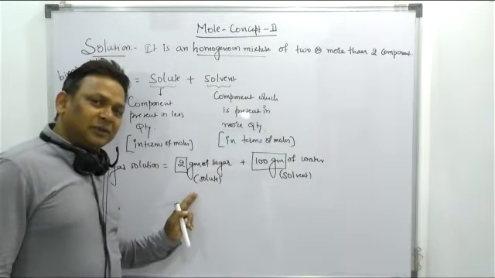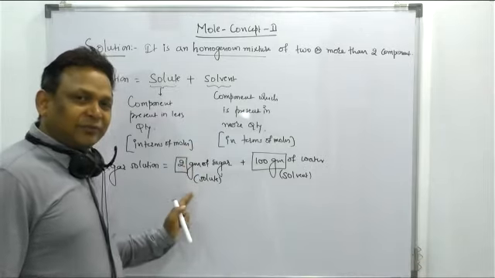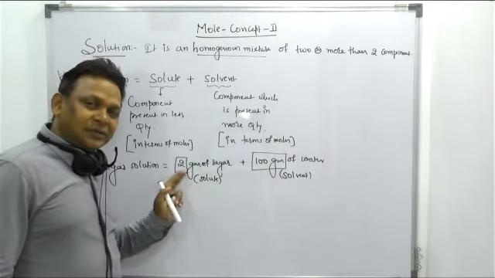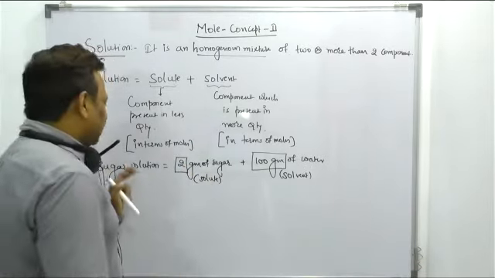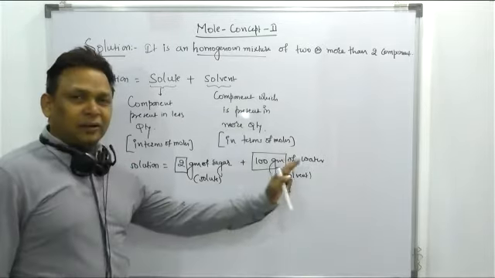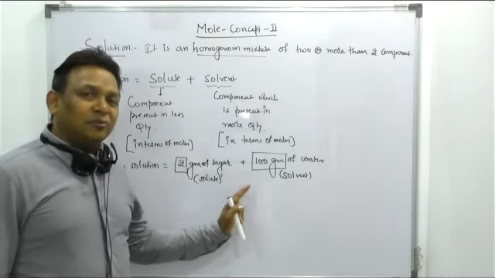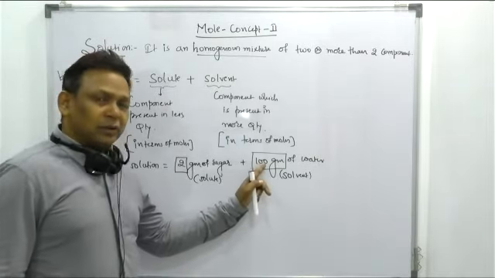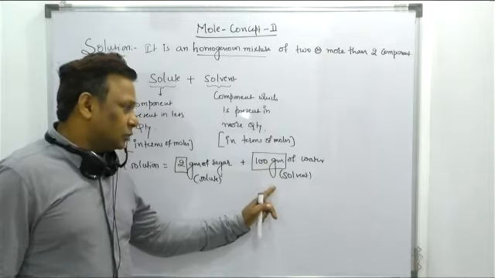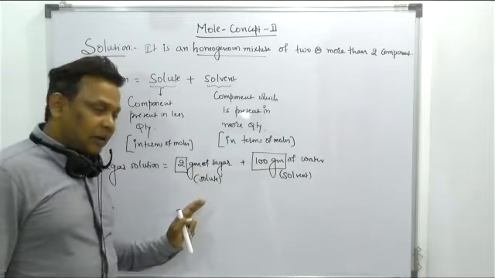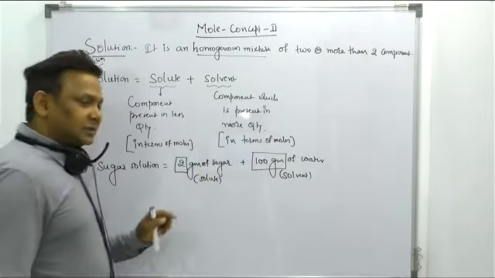So 2 by 342, roughly 1 by 150, which means we get 0.0-something moles. So in terms of quantity of sugar and water, sugar is the less quantity component and water is the more quantity component. The more quantity component acts as the solvent, and the less quantity component acts as the solute. This is one example.